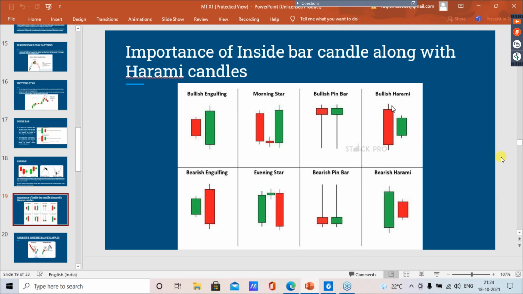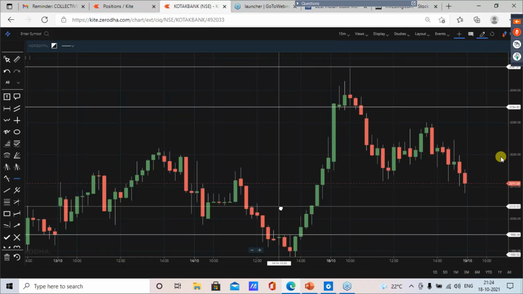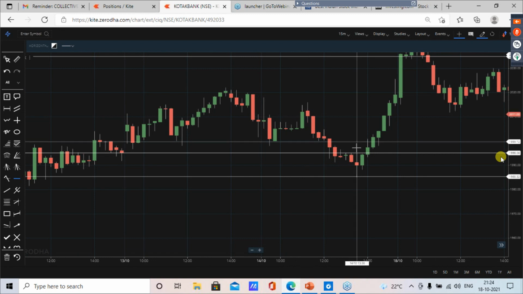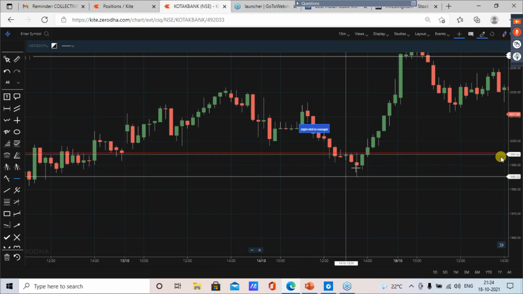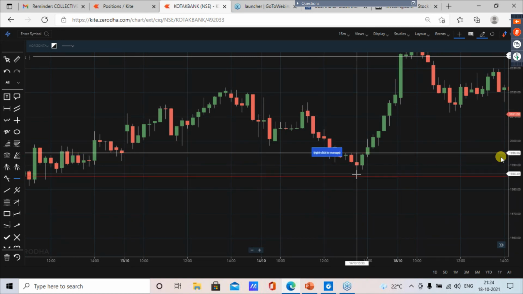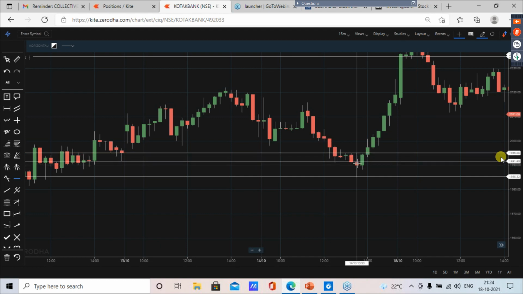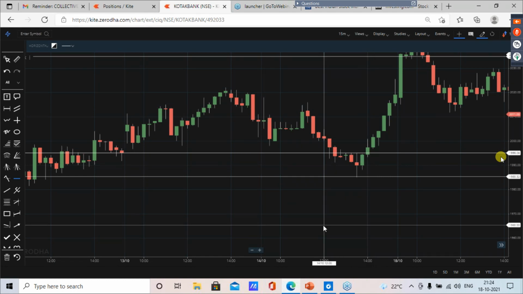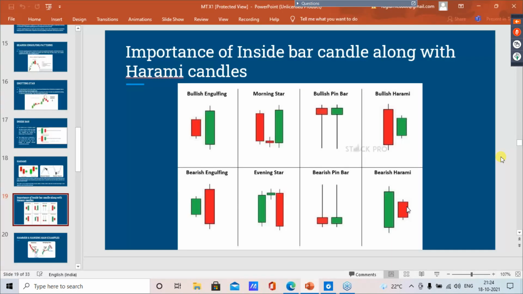So I'll teach you a simple method. What is the previous trend in a bullish Harami? The previous trend in a bullish Harami is a downtrend, right? Definitely the first candle has to be dominant. That is red. If the dominant red candle is followed by a simple green child candle, then it is easily referred to as a bullish Harami. A bearish Harami occurs at the top of an uptrend.